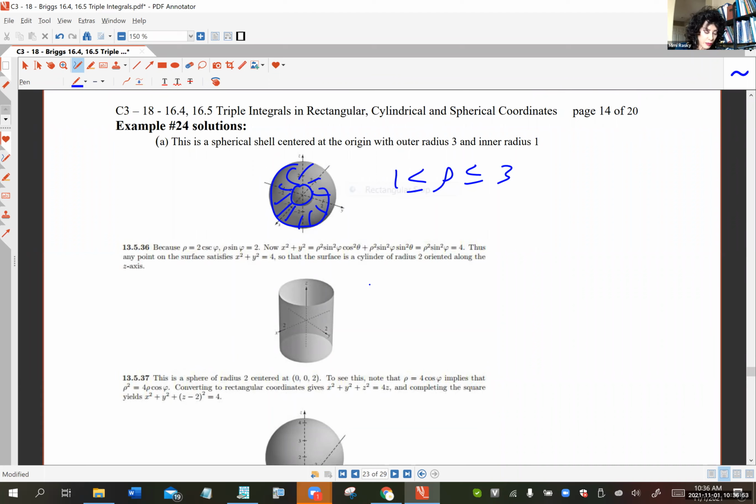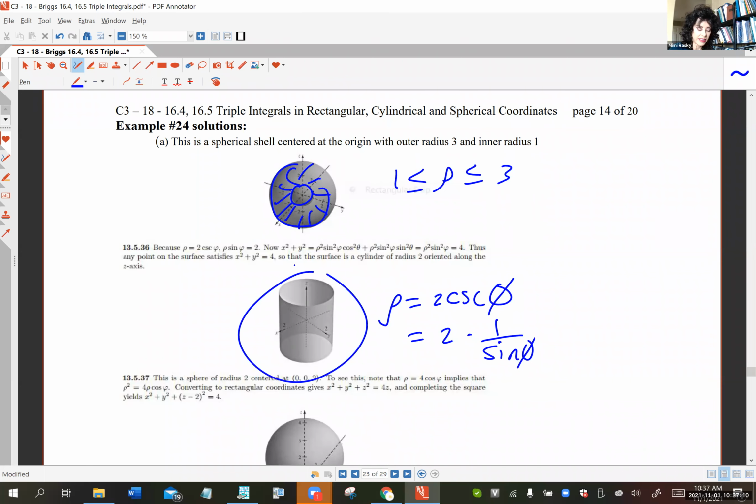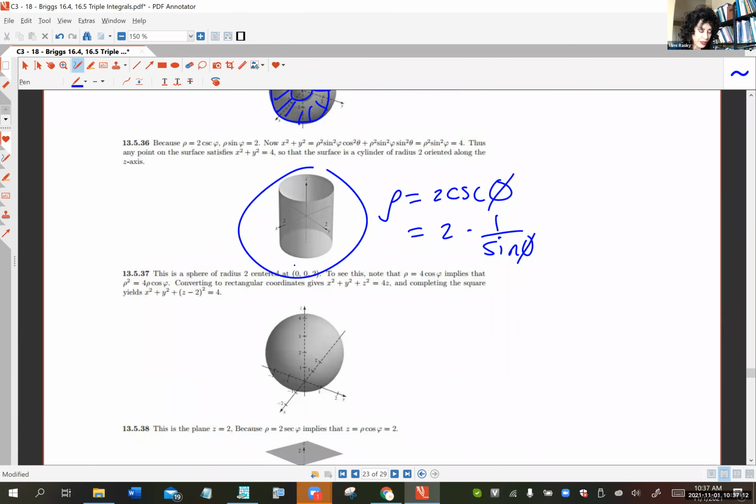And then this, rho is equal to 2 cosecant phi. Cosecant phi is the same as 1 over sine, so it's 2 times 1 over sine phi. You can convert this, and it's going to end up looking like a cylindrical surface.